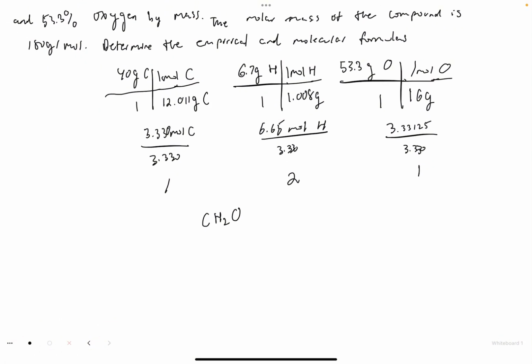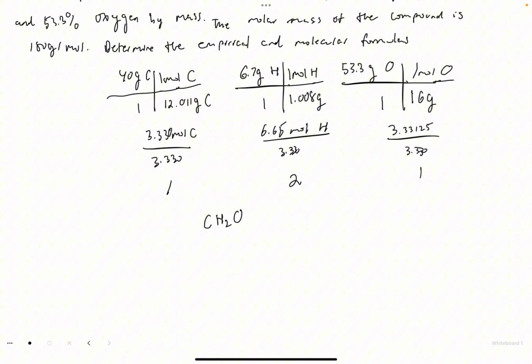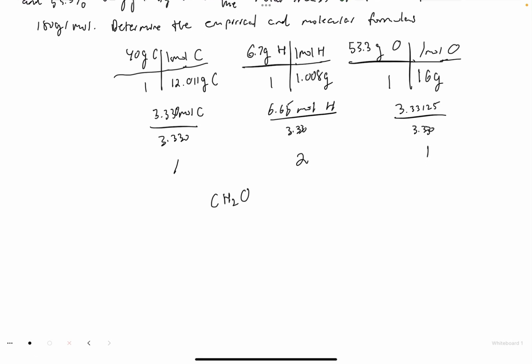So now we have to use the mass of the empirical. So the steps are going to be finding the mass of the empirical and dividing that value into 180 to get our ratio to plug back into our empirical. So 12 plus 2 plus 16, 30.